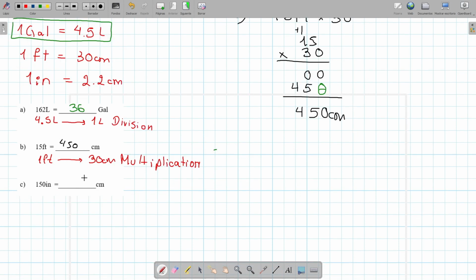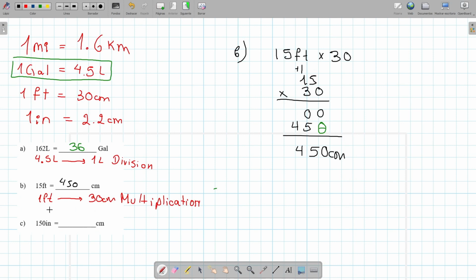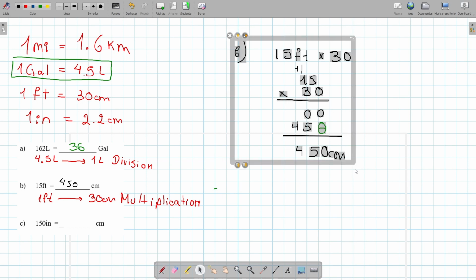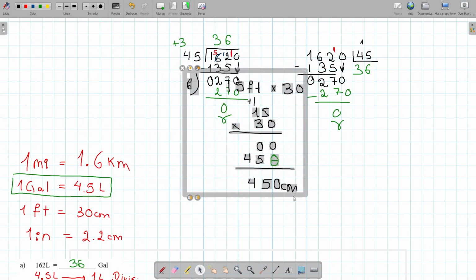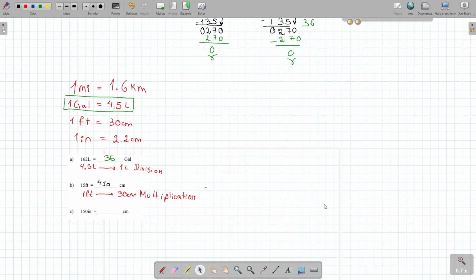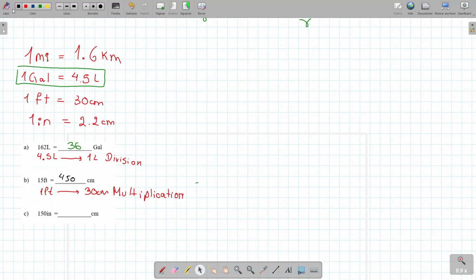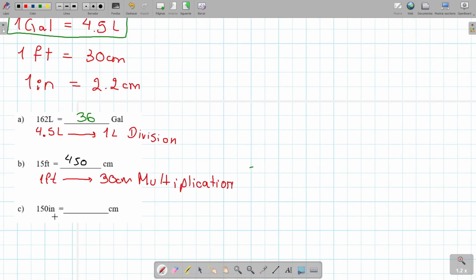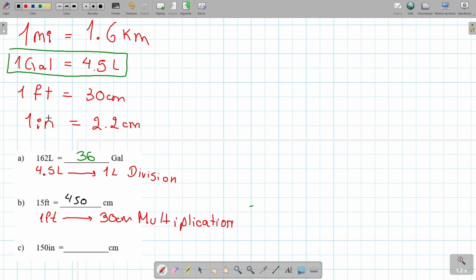Now, to finish this section, we have to transform 150 inches into centimeters. Let's try to make a little bit of space again. I will move it right here. And let's convert these 150 inches into centimeters. We have to look for the factor of conversion again.